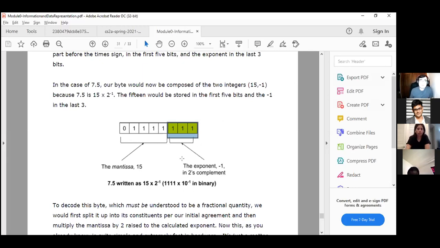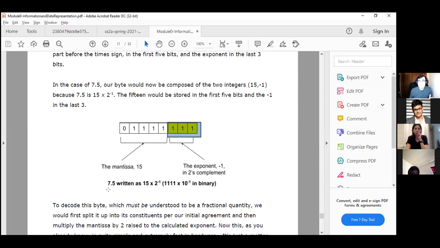What you would have to do is translate it to a different representation so that you don't end up adding the exponent. Say I wanted to add 1 to this number. I couldn't just add it directly, because this on the right actually means this number is 15 times 2 to the negative first, which gives us 7.5 in decimal.